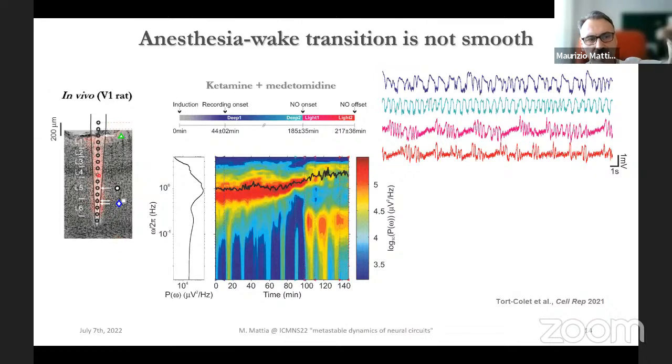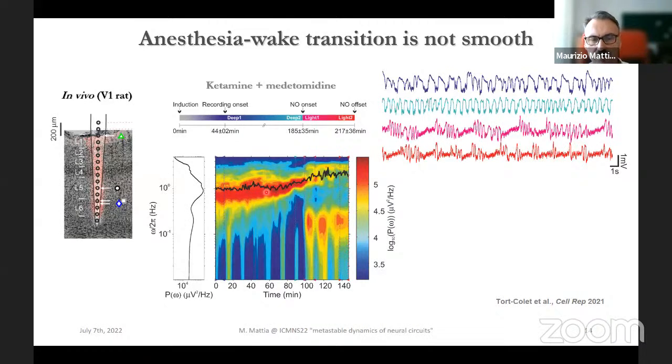We focus on the activity of layer 5 pyramidal neurons. And what you see on the right is the local field potential at different levels of anesthesia. Here, the anesthesia is ketamine and methamphetamine, and the fading out of this anesthesia leads the spontaneous activity you record from this cortical column, let's say, from a deep stage 1, deep stage 2, and then a light anesthesia level, which shows a peculiar footprint.